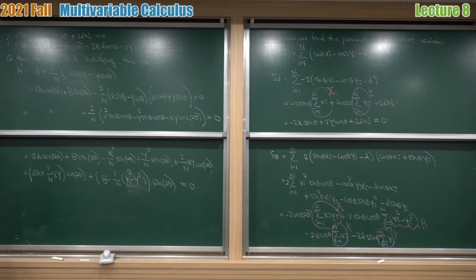Now we're done, right? We only need to find the theta satisfying this. You can take a tangent 2 theta if this is not 0. Okay. We can find any theta if you want to.